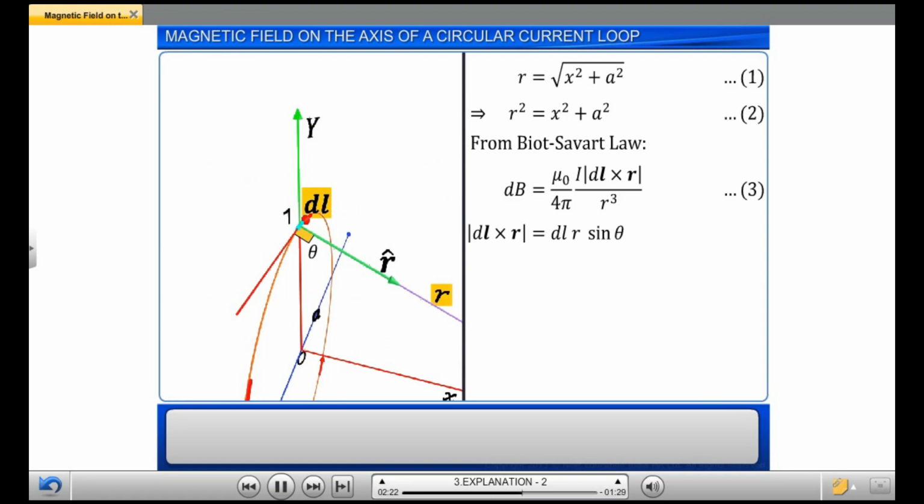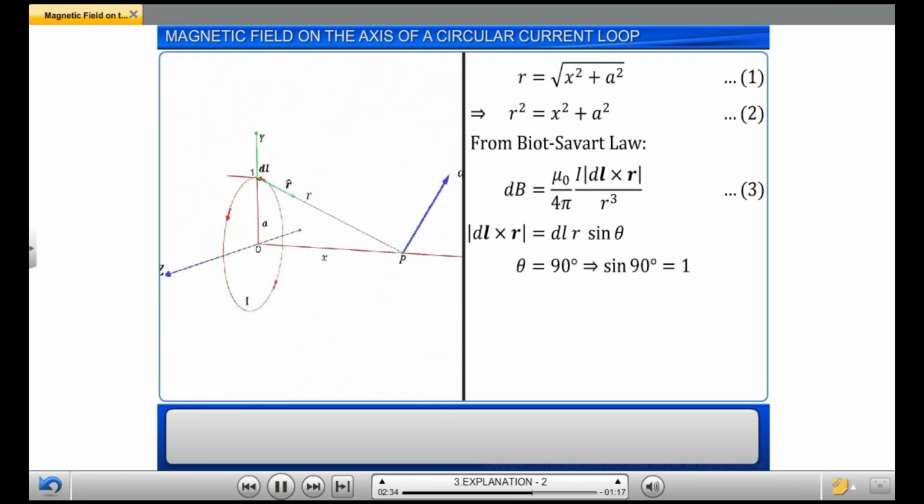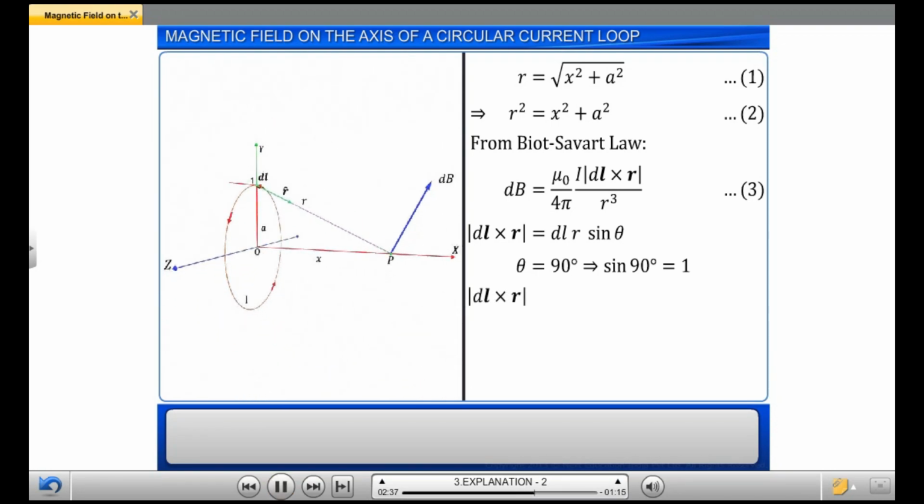Here, the angle between dl and r is 90 degrees, and sin 90 degrees is equal to 1. Therefore, the magnitude of dl cross r is equal to dl r. Let this be equation 4.